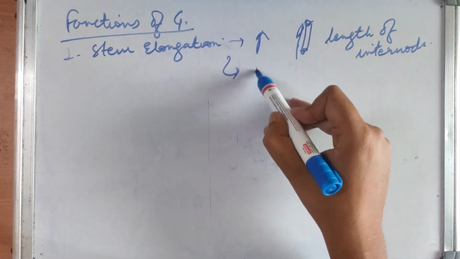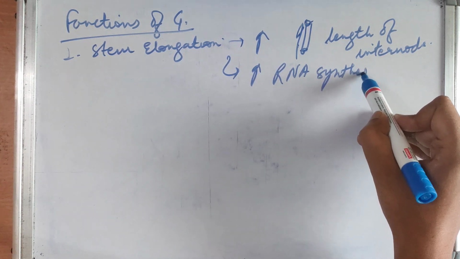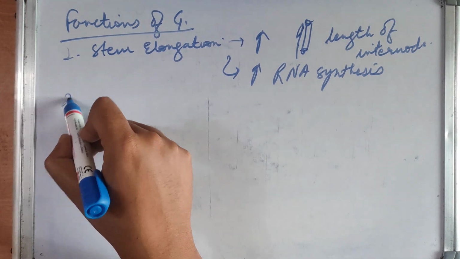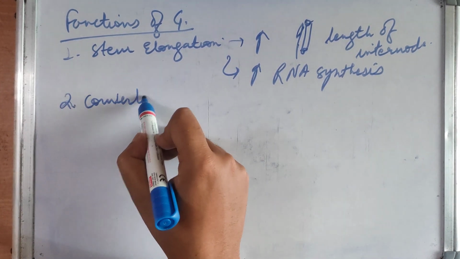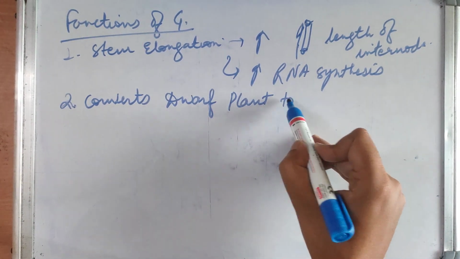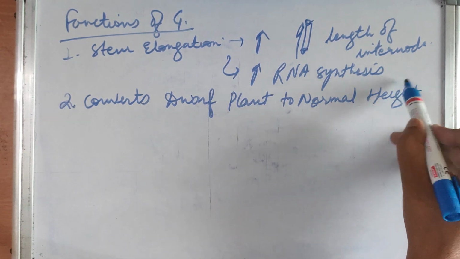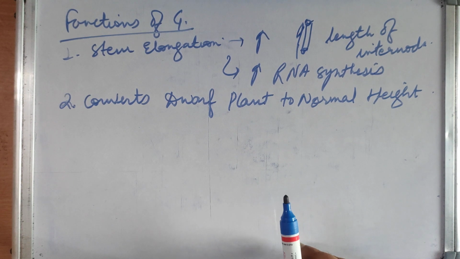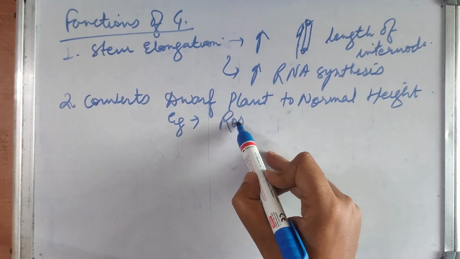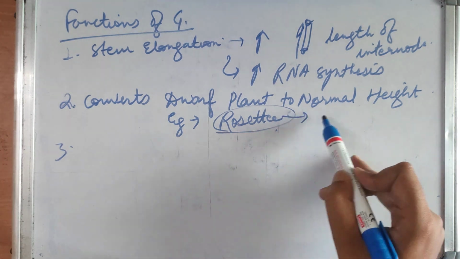It also speeds up RNA synthesis, which helps in stem elongation. It converts dwarf plant to normal height. Example, rosette plant of sugar beet.